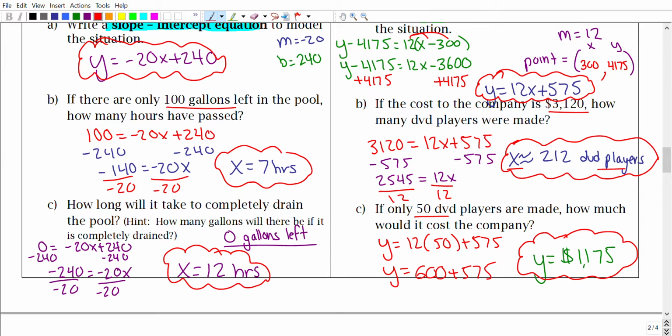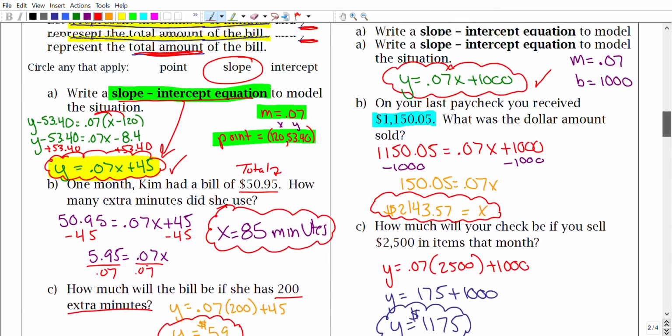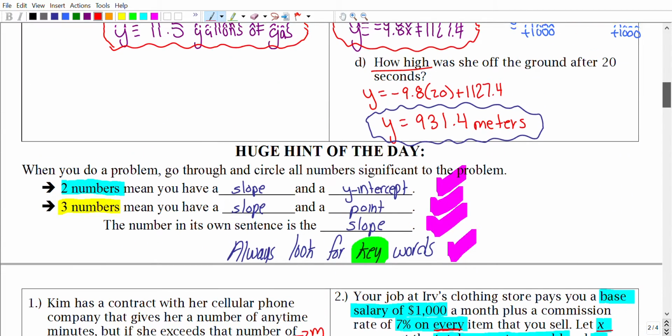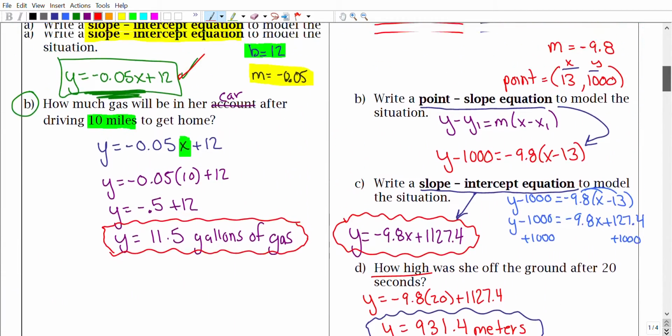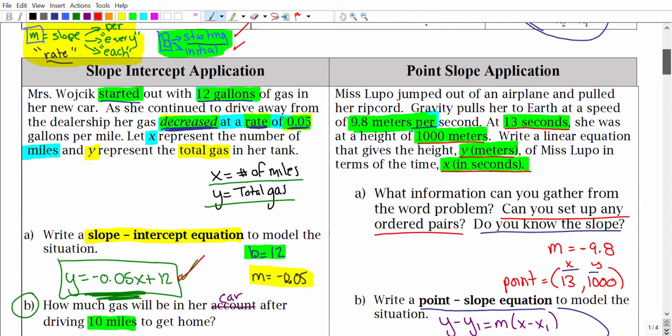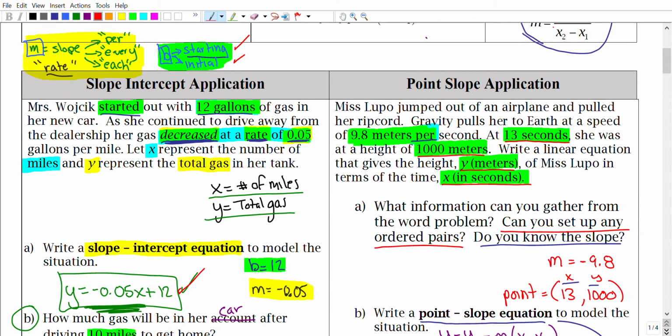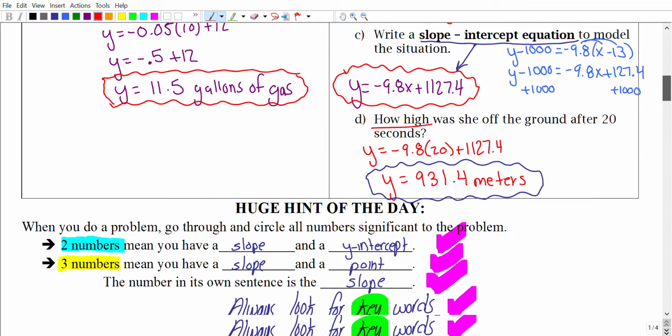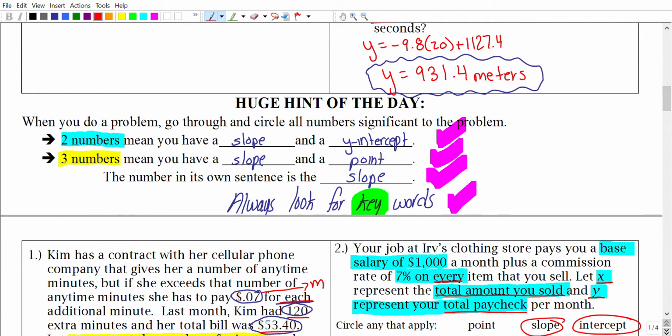Okay? Alright, now these problems are pretty time consuming, guys, but again, if you break these down into certain steps, then you should have no problem completing them. Remember, and I'll scroll all the way back up here. First you have to identify the information you're given, right? So this is what I wanted right here, your huge hint.